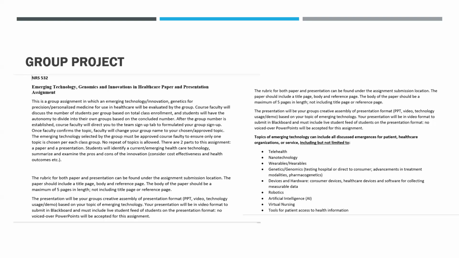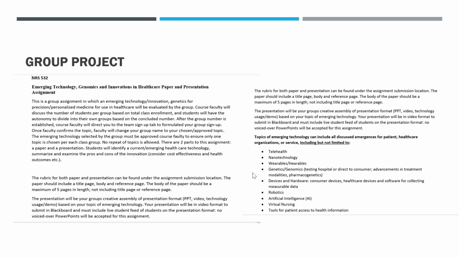You see alerts on certain medications now that if you have certain gene variants, don't take this medication. It's not going to be effective for you. We do a lot on telehealth now, right? So again, these are just some examples of what you're going to do. Of course, you're going to consult the instructions and the prompts within the assignment, but this is just to give you a little information on that.